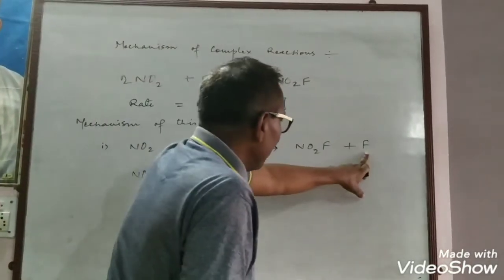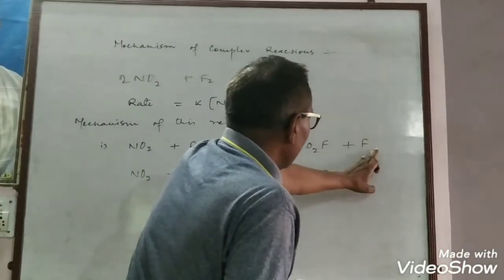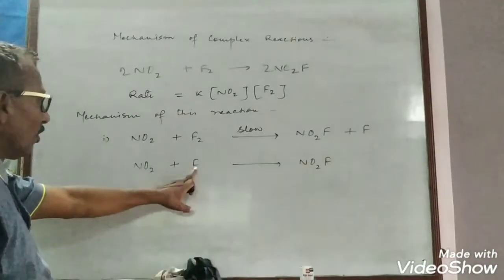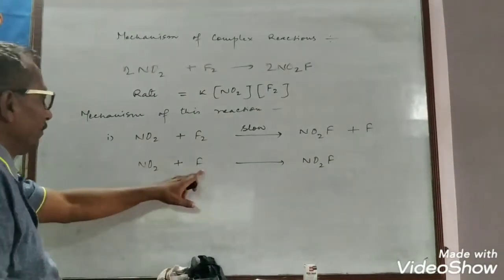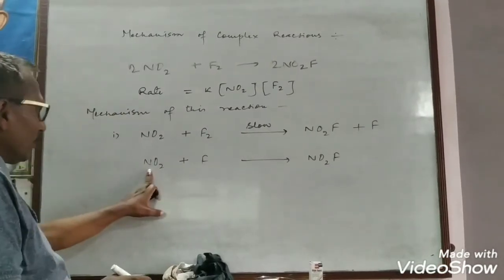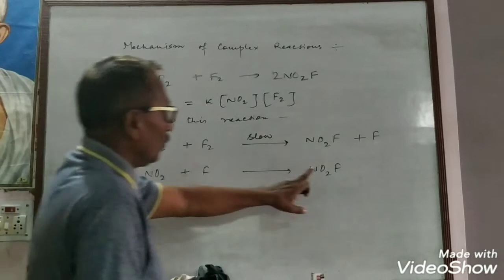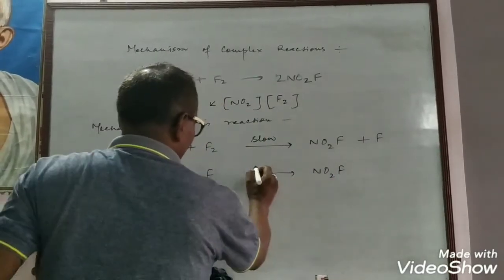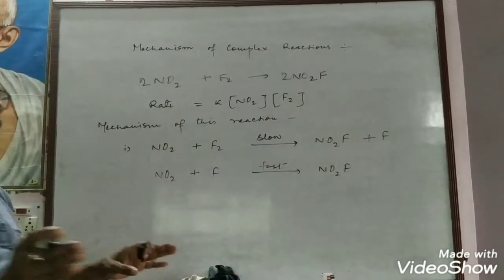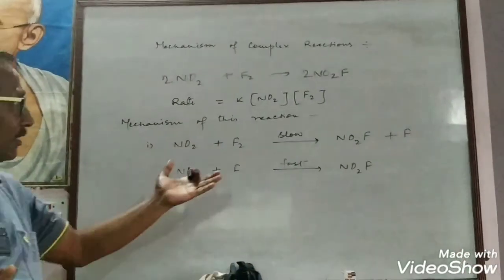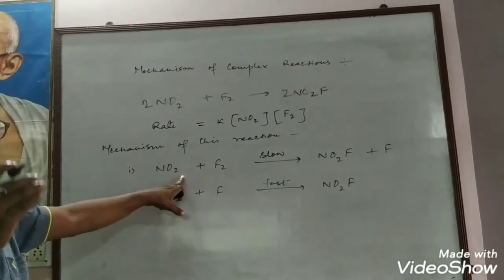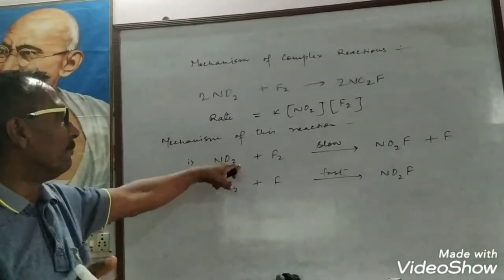And this F which is coming in the product, that is used up here because we don't need F. So this is used with NO2 to form NO2F, but this is fast reaction because we have already discussed in a complex reaction one step is slow and the rest of the steps are fast.